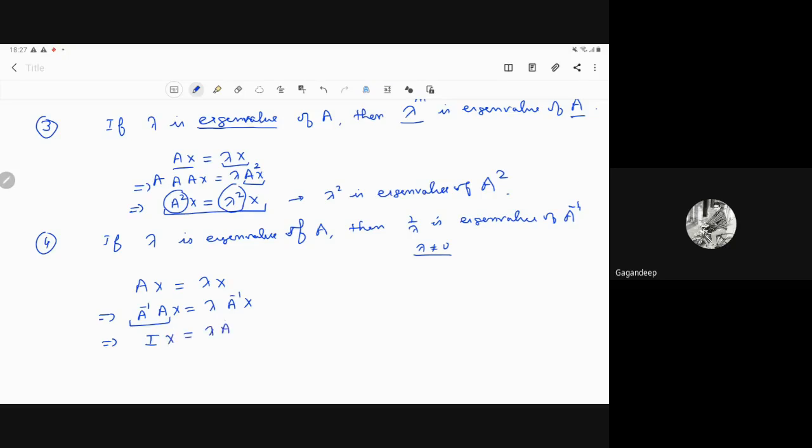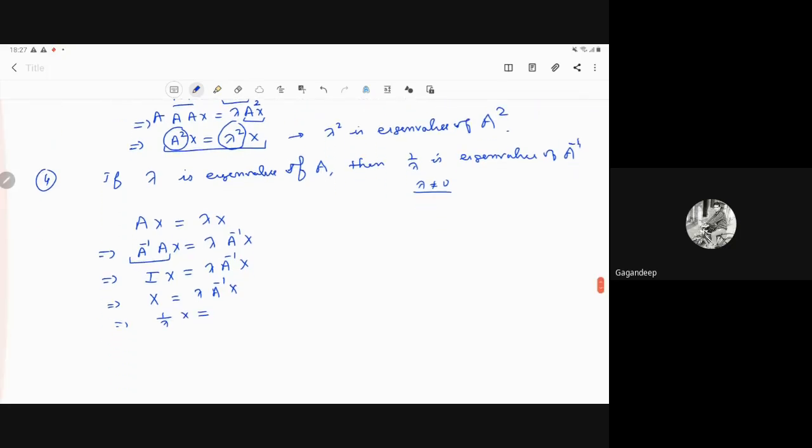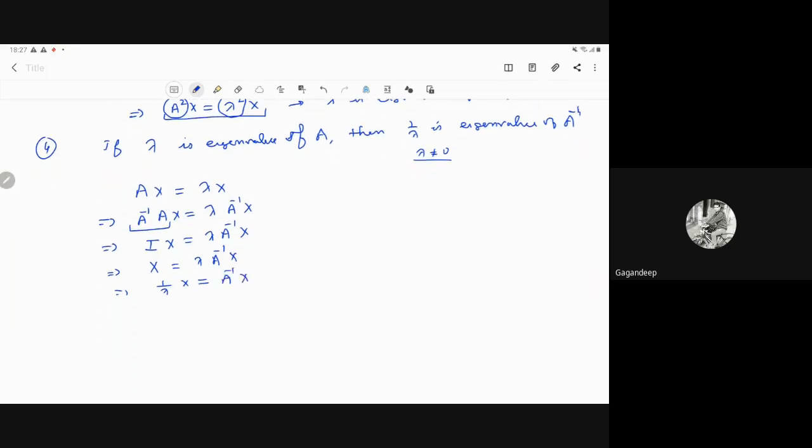Lambda times A inverse X. Let's divide both sides by lambda. IX is X, naturally. Lambda times A inverse X. Now divide both sides by lambda, that is, multiply by 1 over lambda. What do you get? 1 over lambda times X equal to A inverse X. Now see this expression carefully.